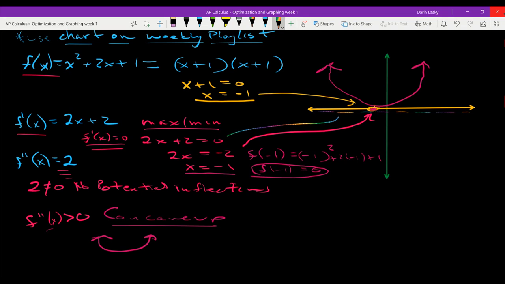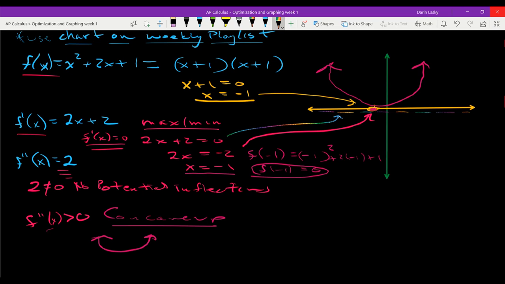That equals 0 is that rainbow line right there. And then the second derivative, f double prime, is always positive. And that tells us by that chart that it's concave up. So those are your basic steps.